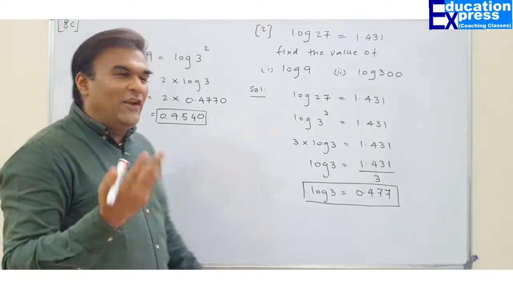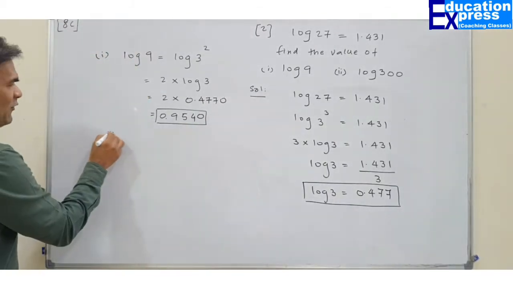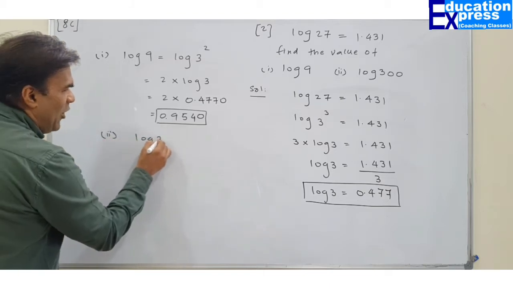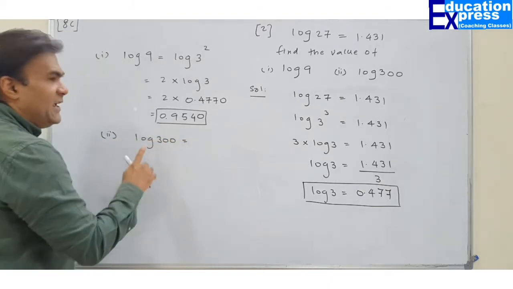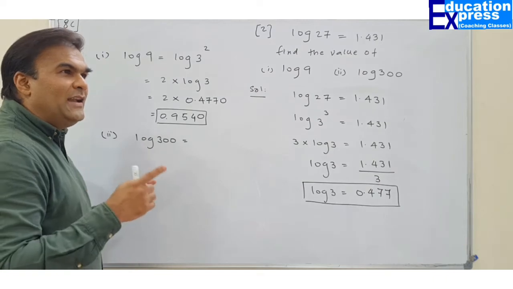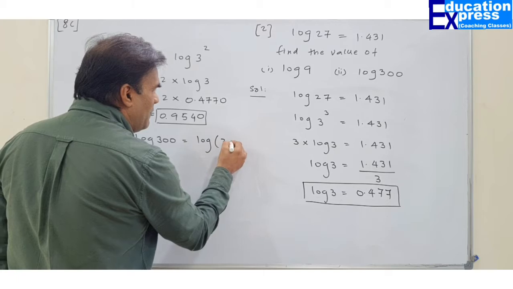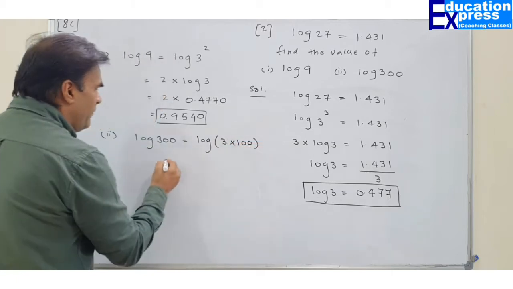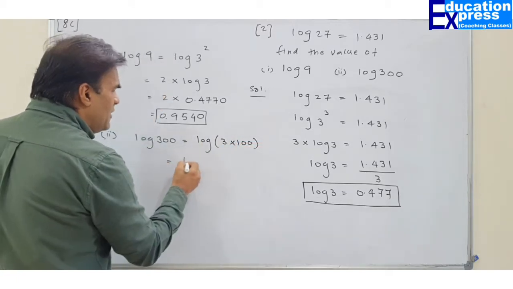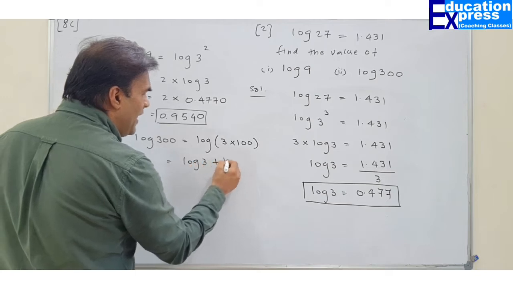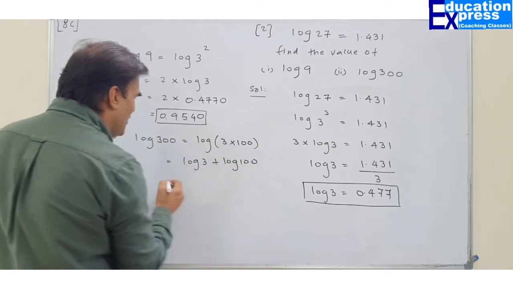Now log 300. Same way we can find the value of log 300 also. Log 300 can be written as log 3 multiplied by 100. What is the formula for log AB? Log A plus log B. Very good.